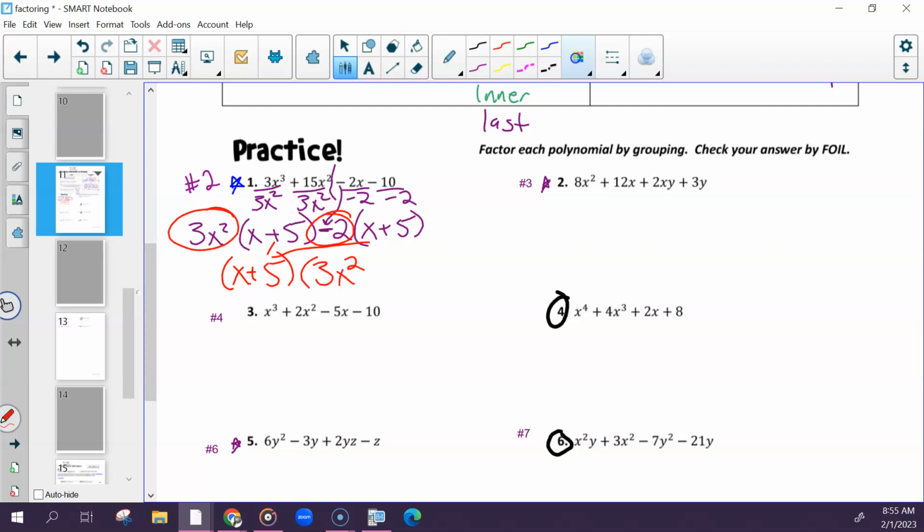X squared, and something. 3x squared minus 2.